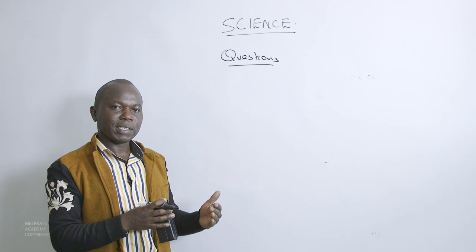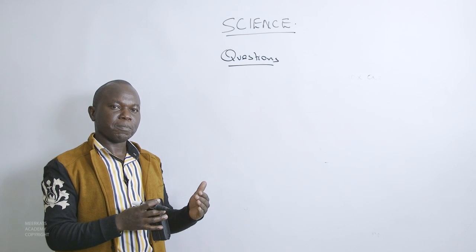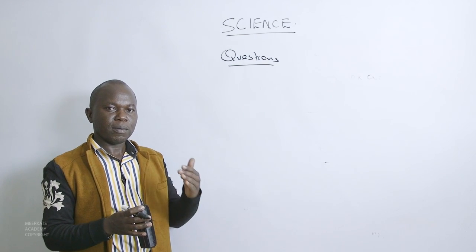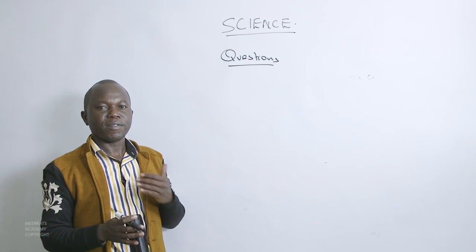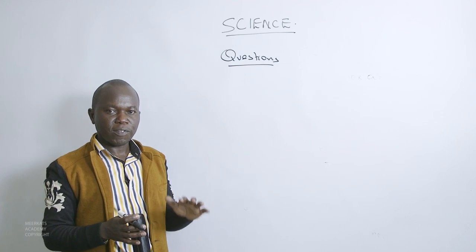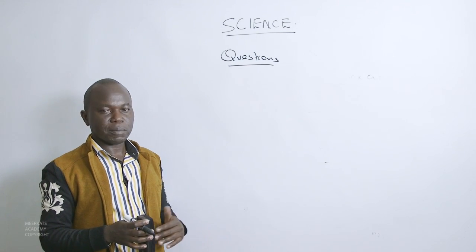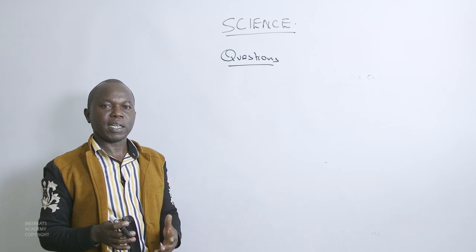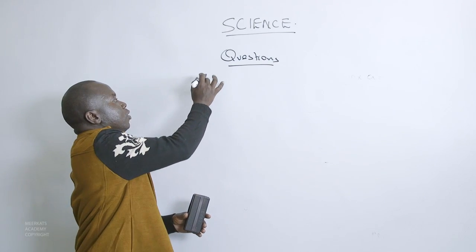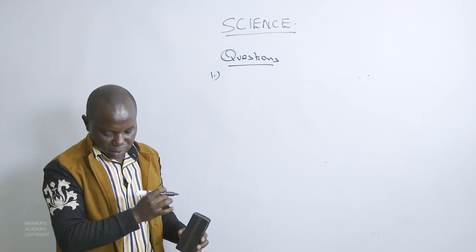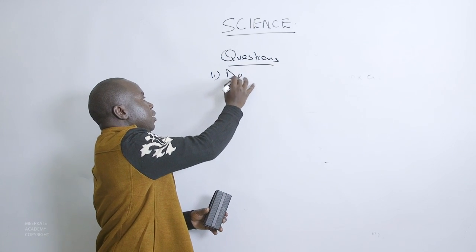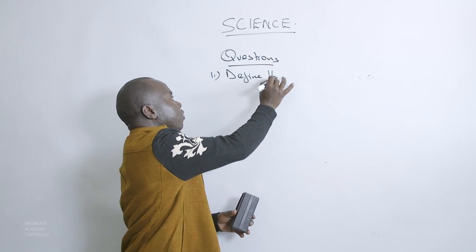The structures are the receptors, sensory neuron, relay neuron, motor neuron, and the effectors. Once you have those five structures in mind, then it becomes easy for you to describe a reflex arc. So the first question is here: define the following terms.